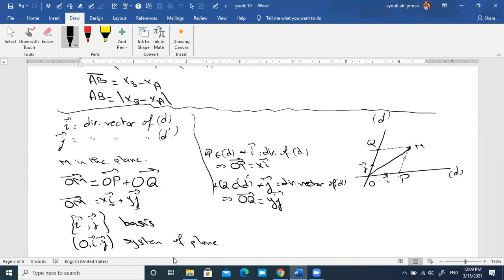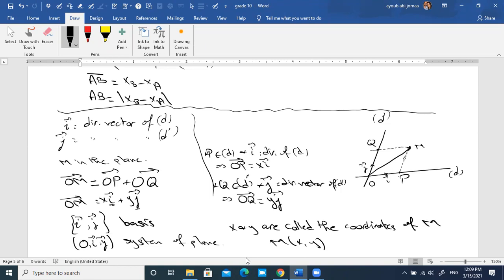If this is the basis, and OIJ is the system of the plane, then for any point M in the plane, you can write vector OM is equal to some constant times vector I plus some constant times vector J. The constants X and Y are called the coordinates of point M, and we write it like this: M has coordinates X, Y.